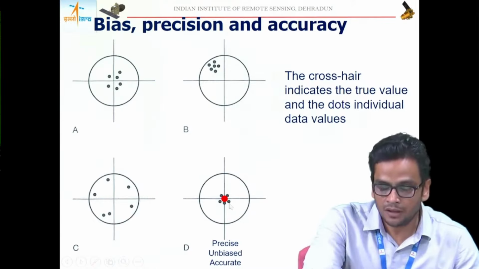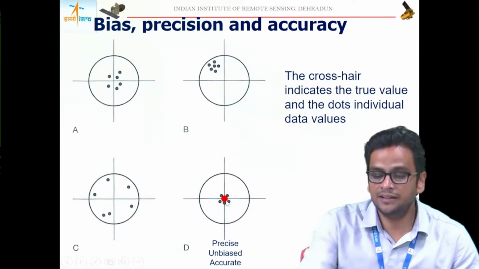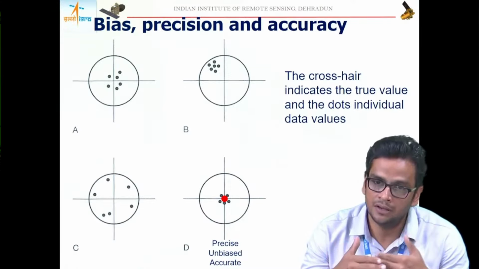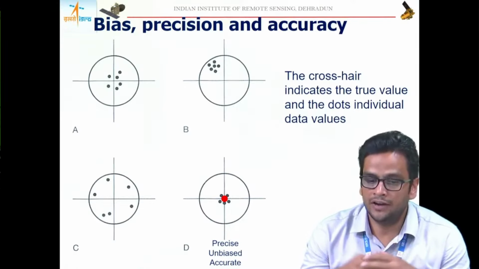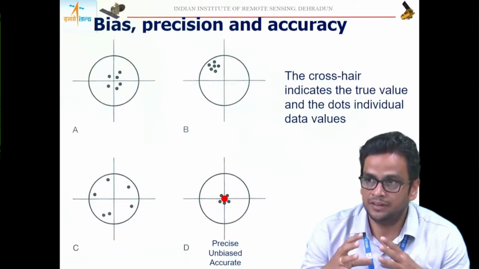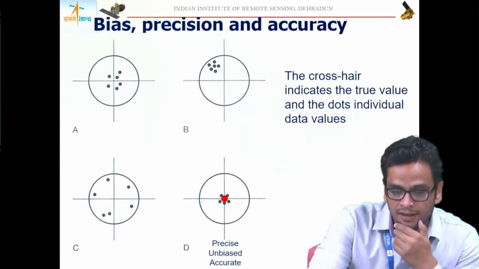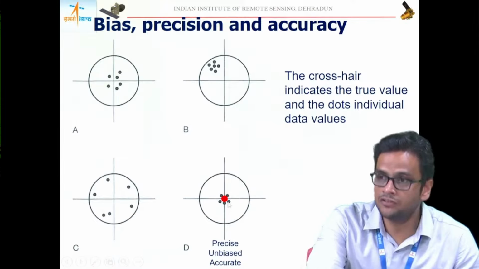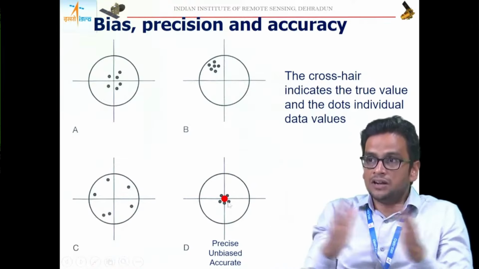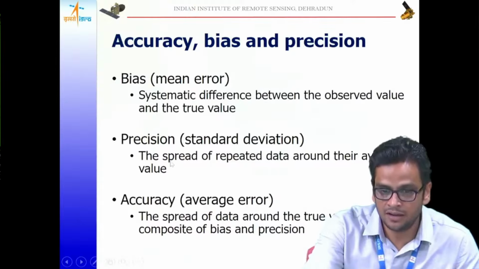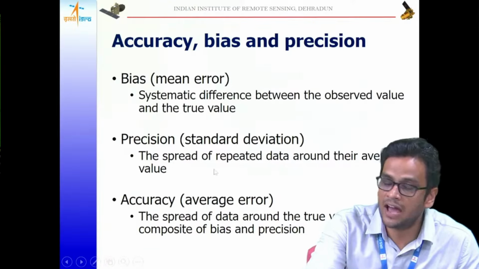If you see image D, there is no difference, it is exactly overlapping the true value, the red value. So that has no bias, it is unbiased. And for the black dots, precision is basically how the data is following, as I told you in the previous slide, the spread of repeated data around their average value.